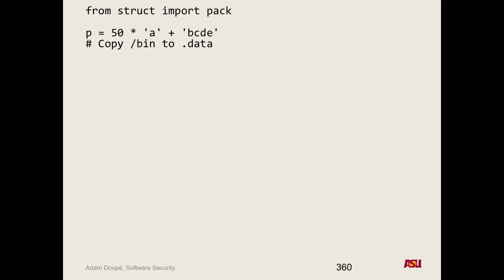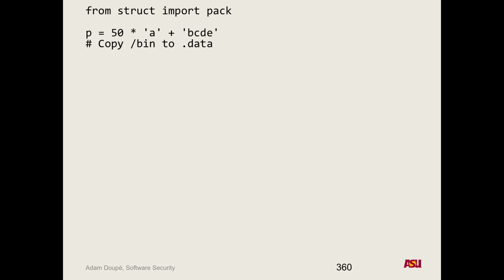So P is going to be the payload that we're going to generate. We know we first need 50 A's and then a saved EBP to get to the saved EIP. So what do we have to do next? If our goal is to copy the bytes /bin to .data, what do we need to do? What should be in EDX?